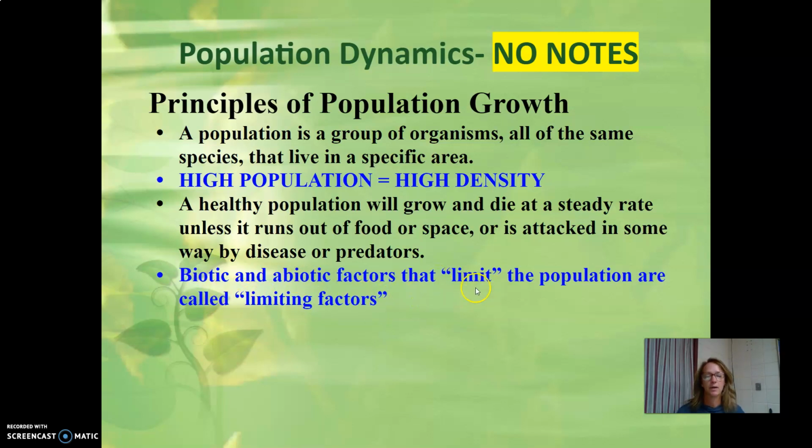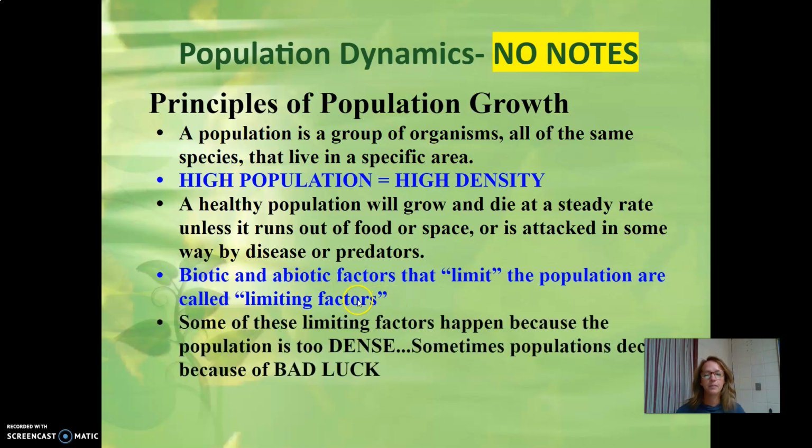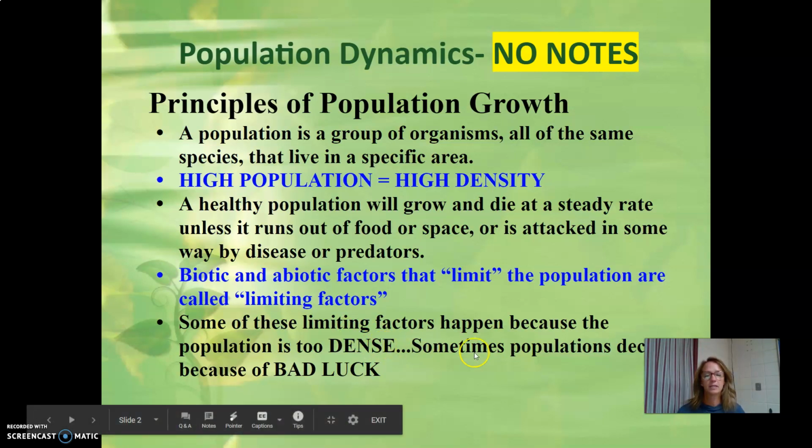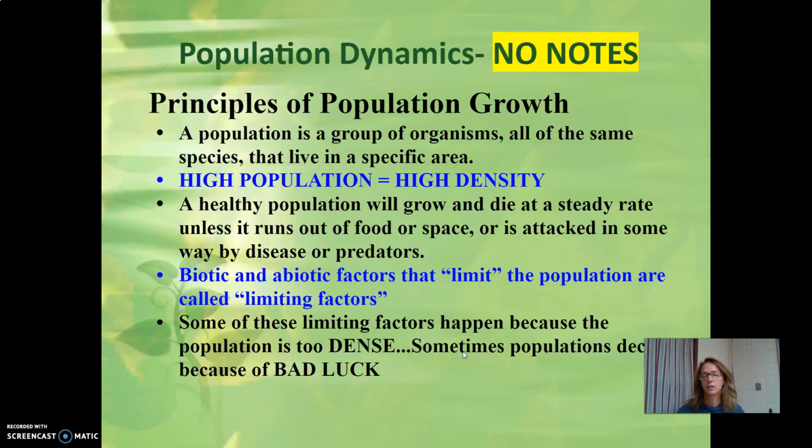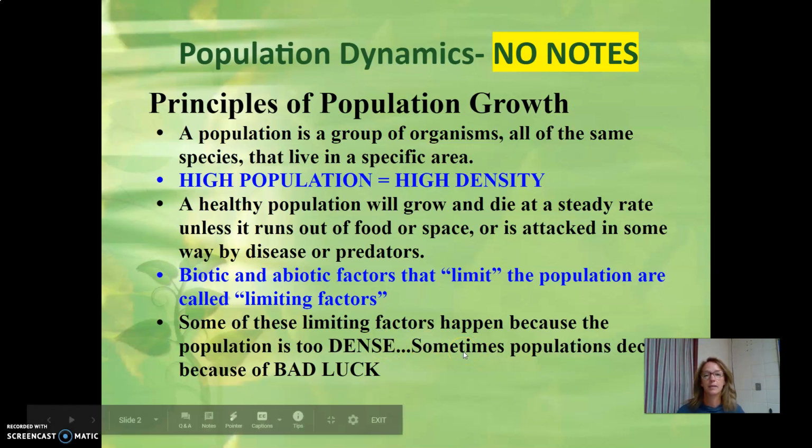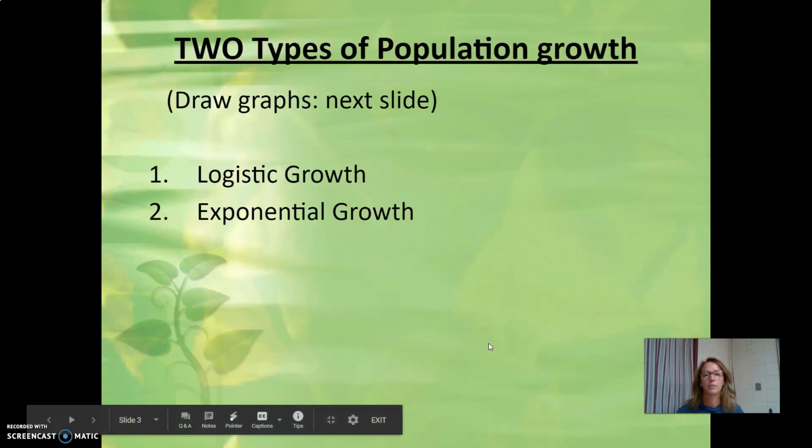So again, we will talk about the ones that limit the growth and how they limit it and what those factors are. So that's what you have to look forward to here. And then we'll talk about how some of these limiting factors occur because a population is dense. Sometimes those limiting factors occur regardless of population size. So they're going to happen no matter what.